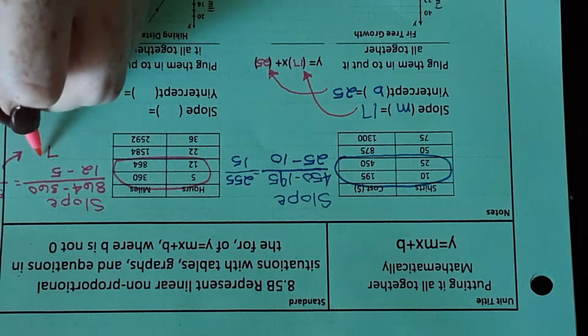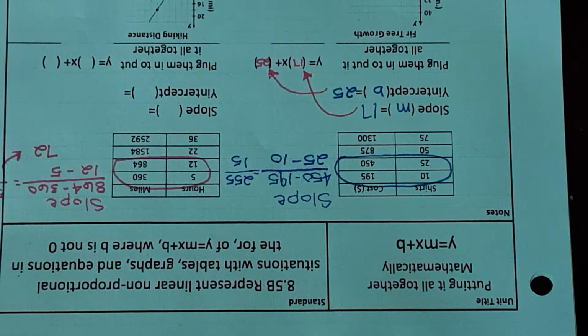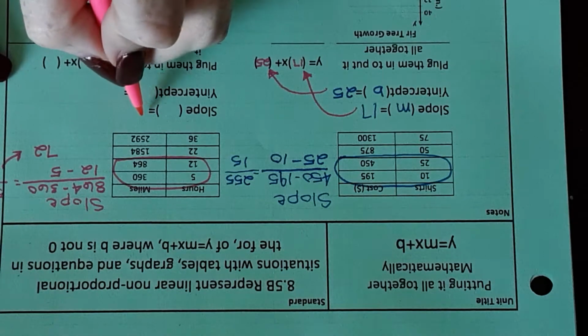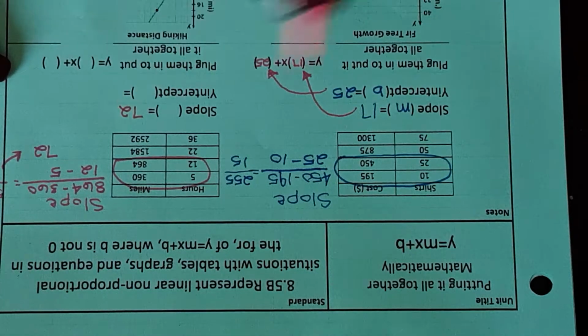And this reduces to 72. So my slope is 72.